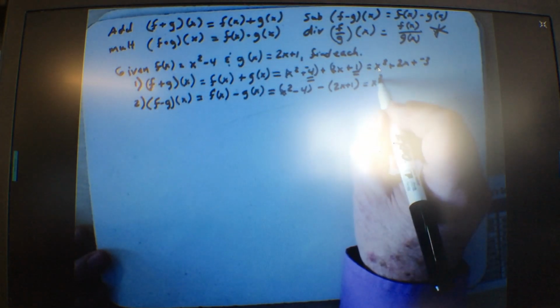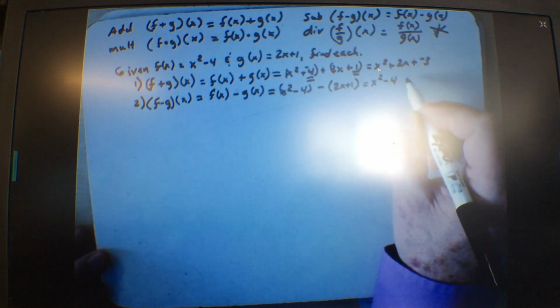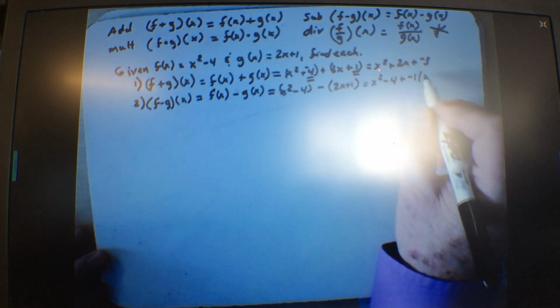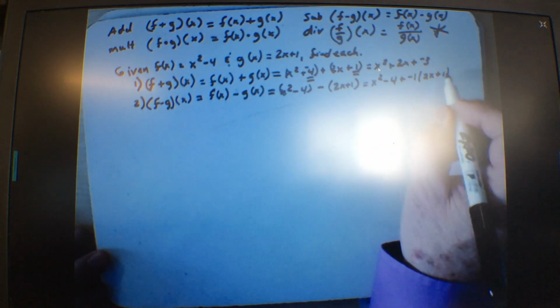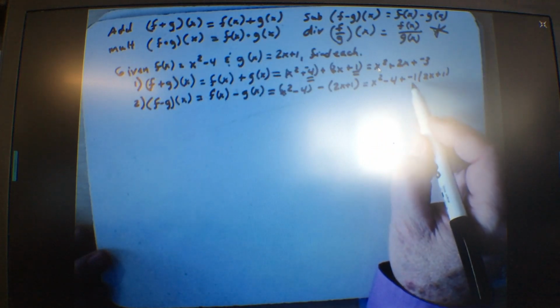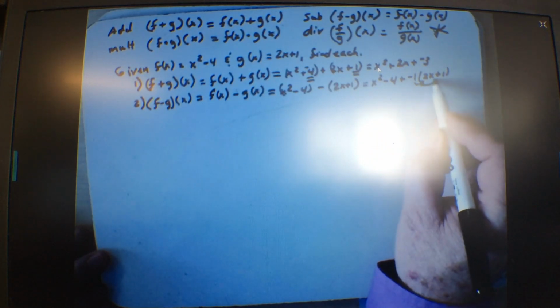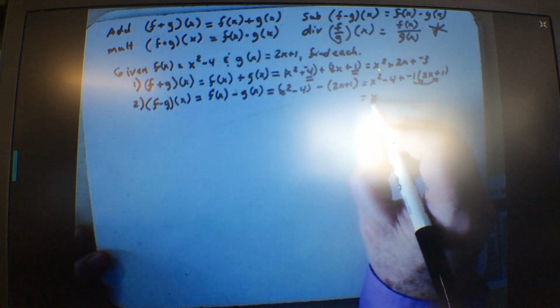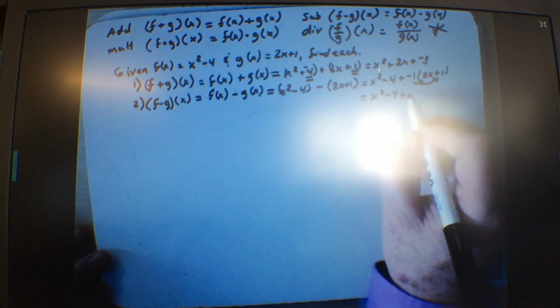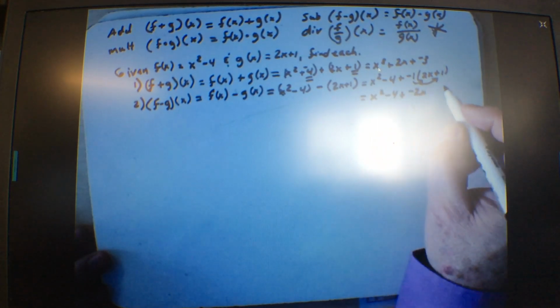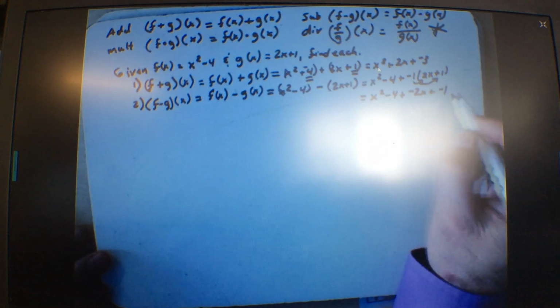So it's x squared minus 4 plus a negative 1 times 2x plus 1. I like to distribute the negative 1 throughout. So I have x squared minus 4 plus a negative 2x plus a negative 1.